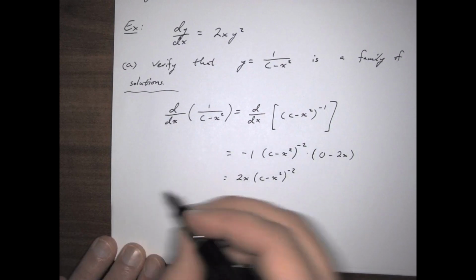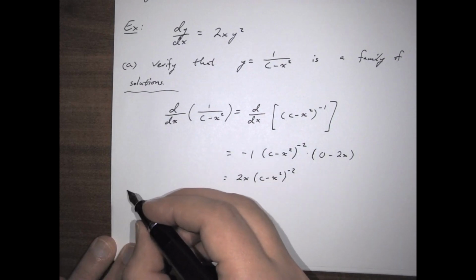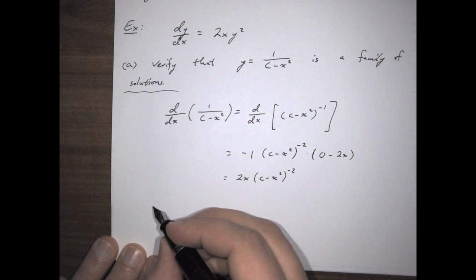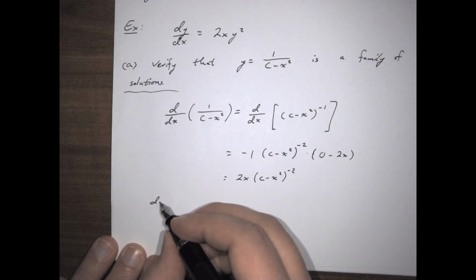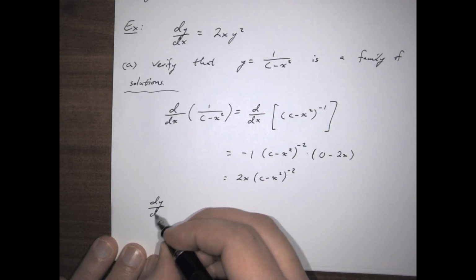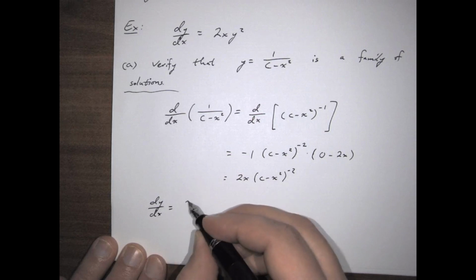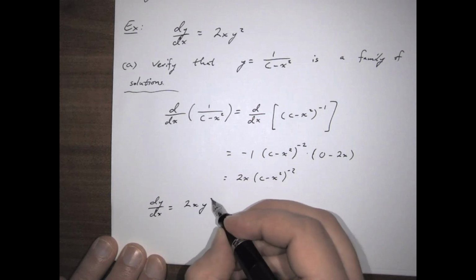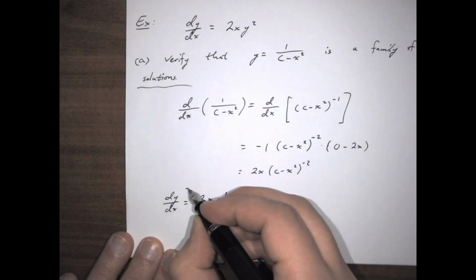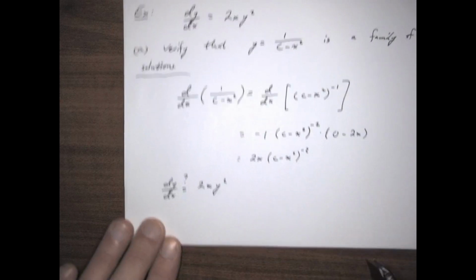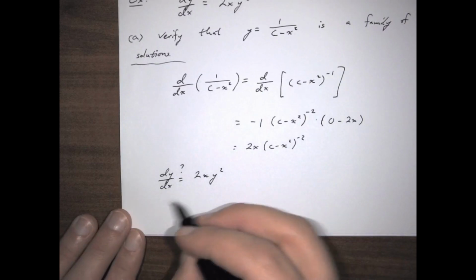So we took our derivative, and now let's confirm. So true or false, dy dx is equal to 2xy squared. And this is the hopeful, questionable equals that we are attempting to check here.